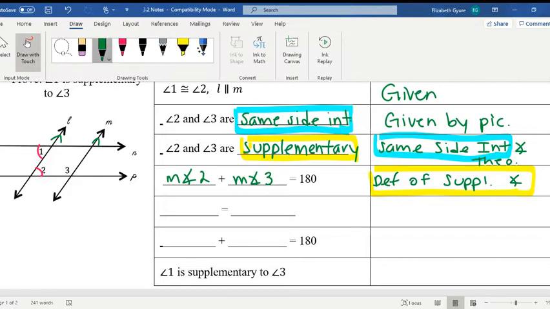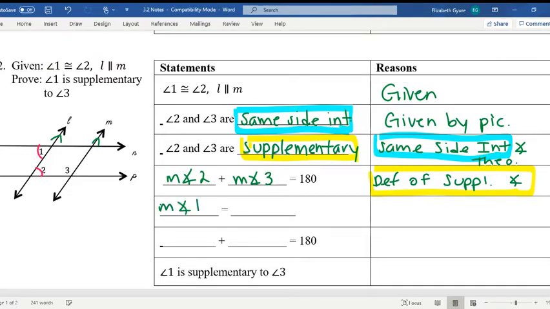Now what's the point of that? Well, if I have an equation, do equal signs and congruent symbols really go together in the same step? Equal signs and congruent symbols are related, but you have to interchange between the two of them in different steps.